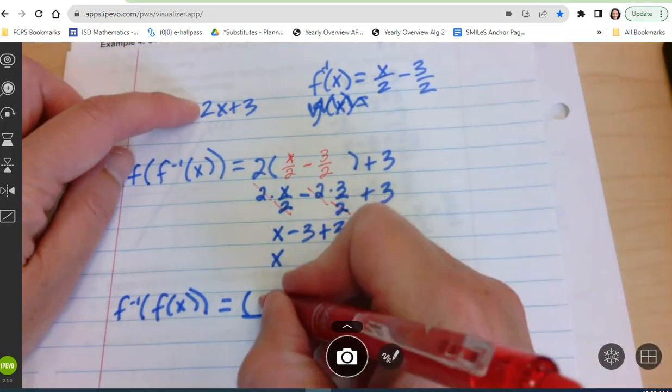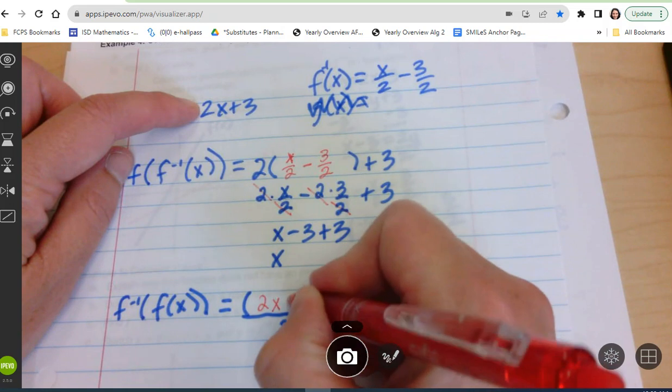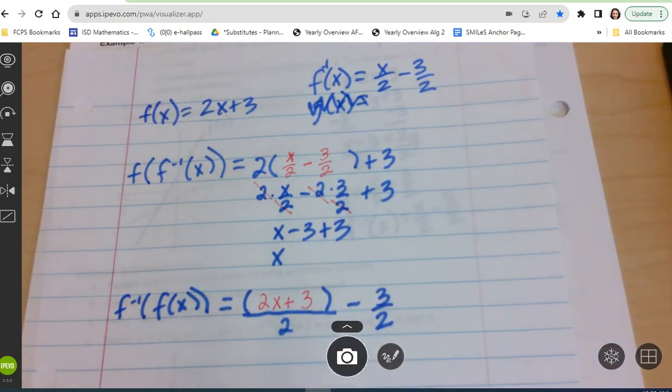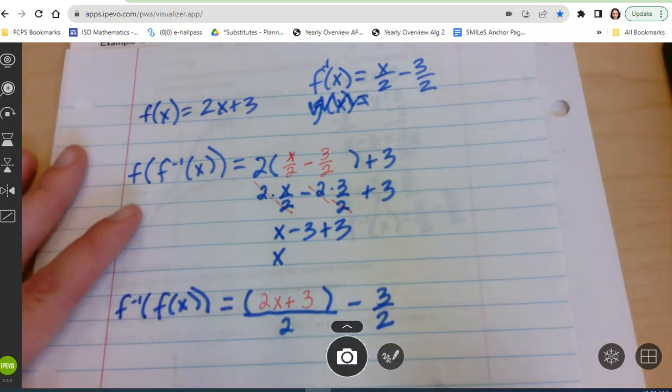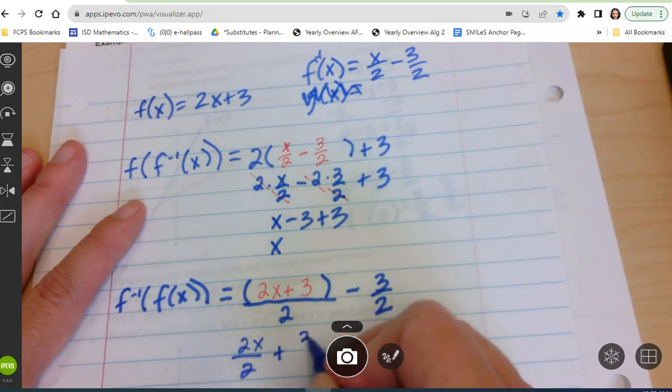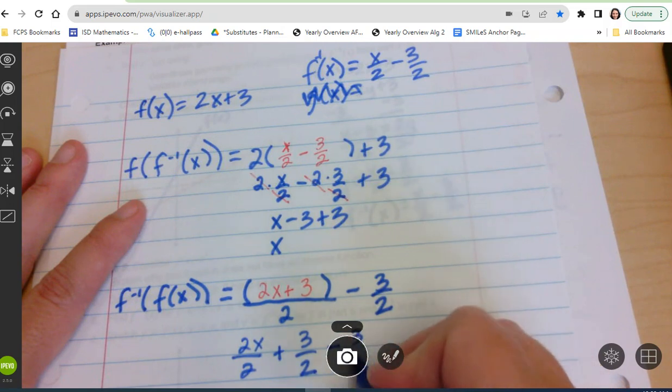Then I'm going to put this function on the inside, 2x plus 3. All right, so when I have 2x plus 3 being divided by 2, I can break that into two different fractions. It would be 2x over 2 plus 3 over 2. So I have 2x over 2 plus 3 over 2 minus 3 over 2.